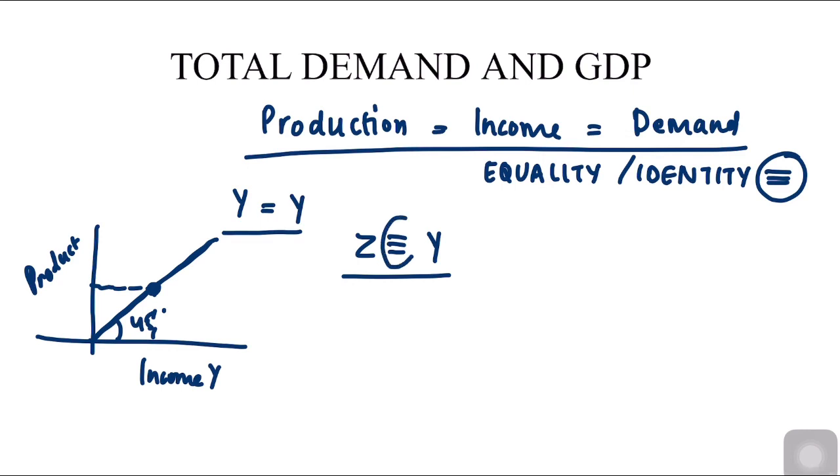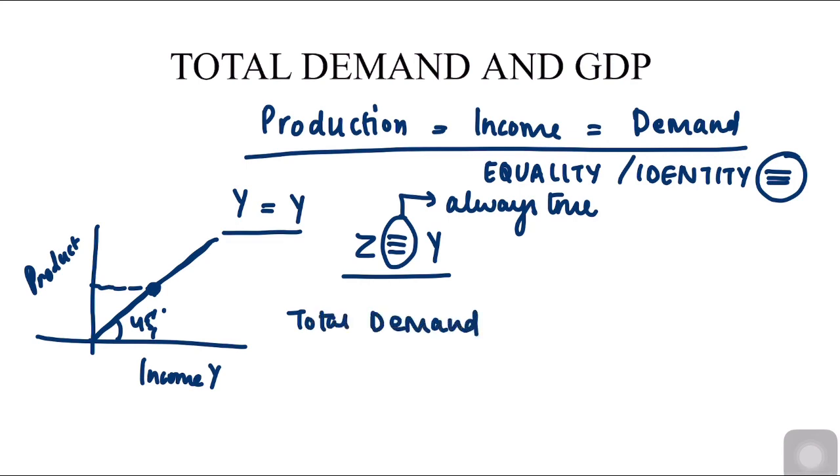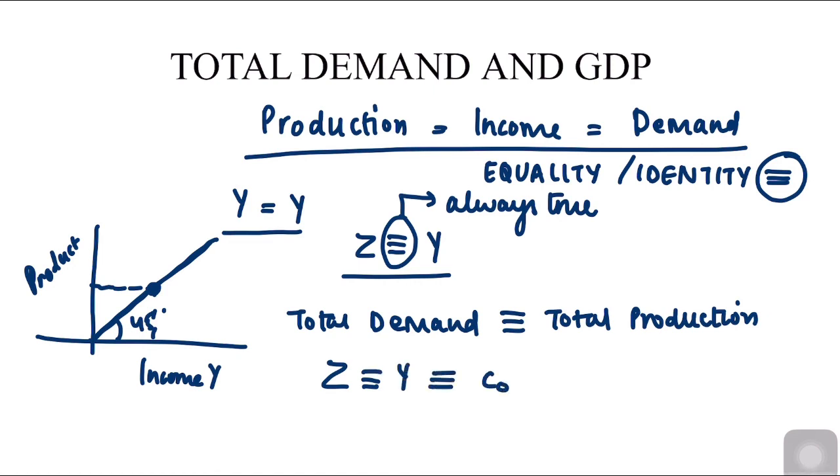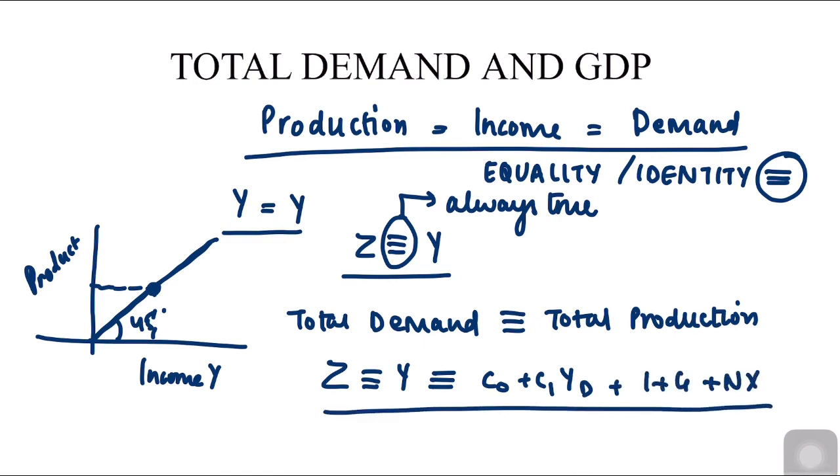So this means that this is always true, which means that total demand is always equal to total production in an economy, which means that Z is always equal to Y, which is always equal to C0 plus C1 YD plus I plus G plus NX. This is how total demand relates to GDP in an economy.